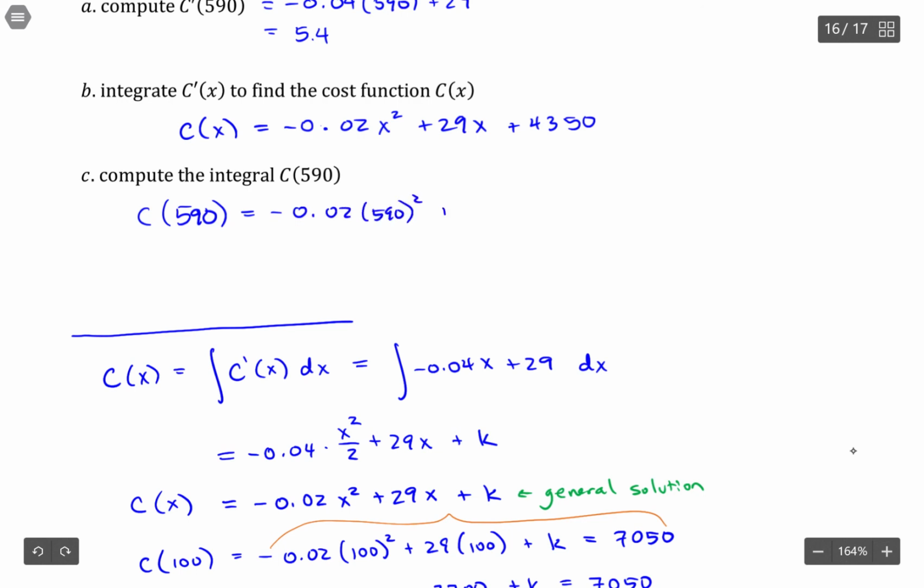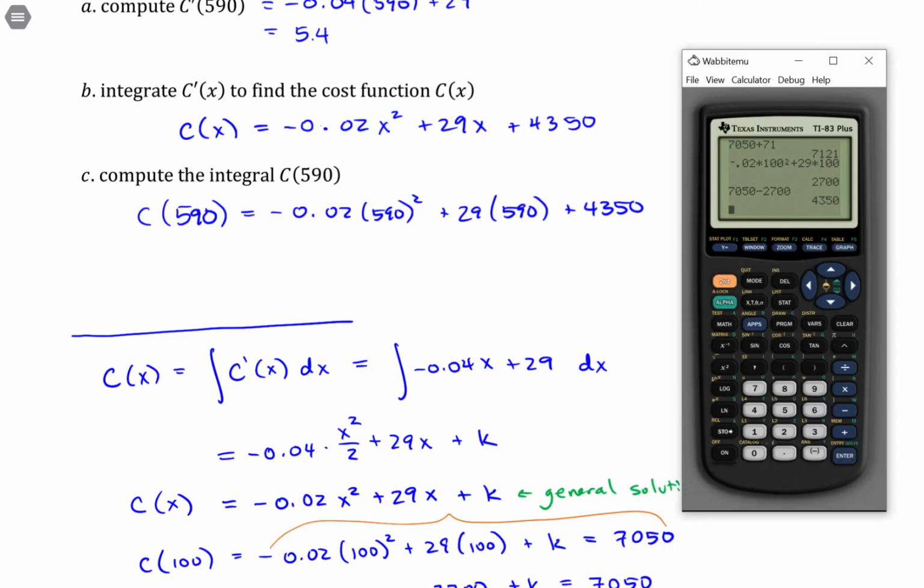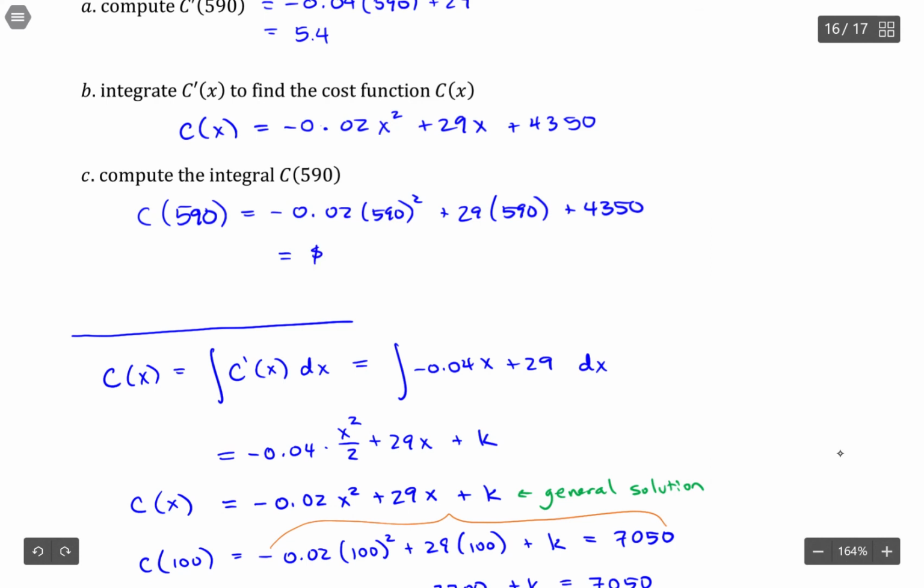So negative 0.02 times 590 squared plus 29 times 590, I'll be careful there this time, plus 4,350, and we get 14,498. So that would be the cost of producing 590 units.